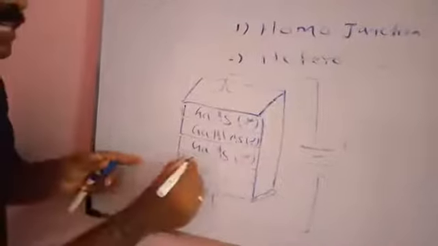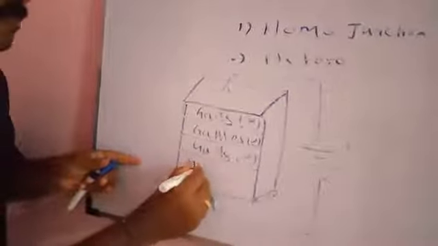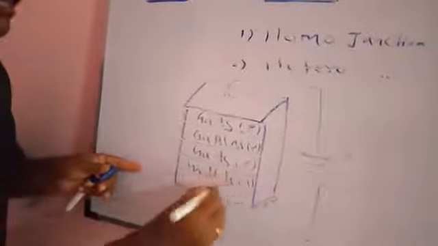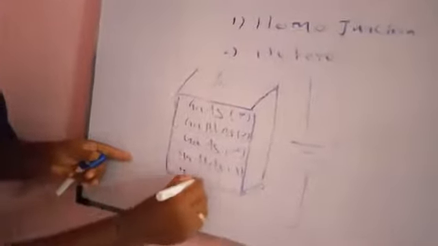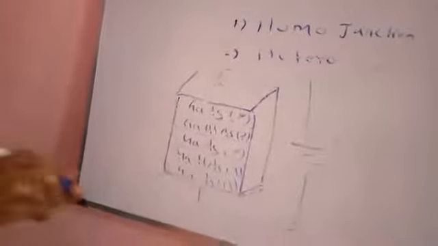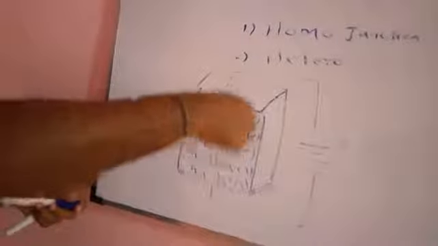The fourth one is gallium aluminium arsenide, n-type semiconductor. Then the last one is gallium arsenide, n-type semiconductor. So the last two layers are n-type and the first three layers are p-type.